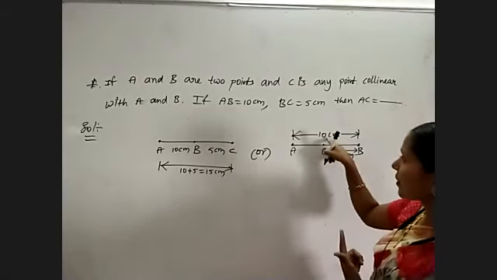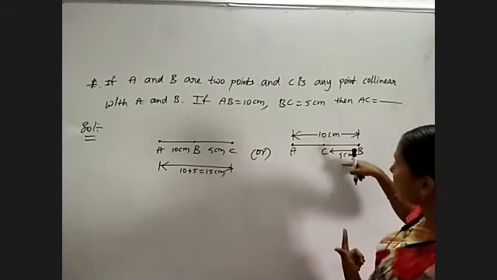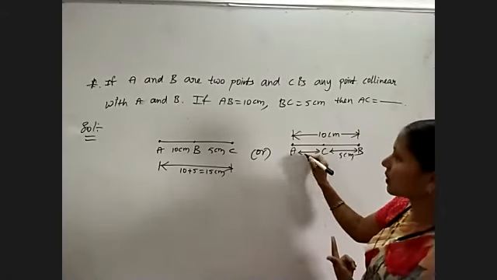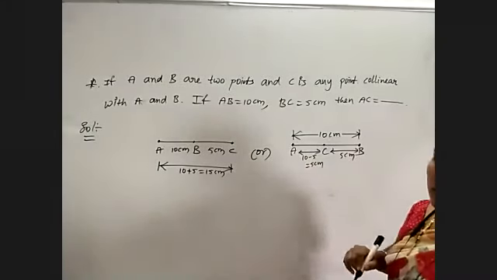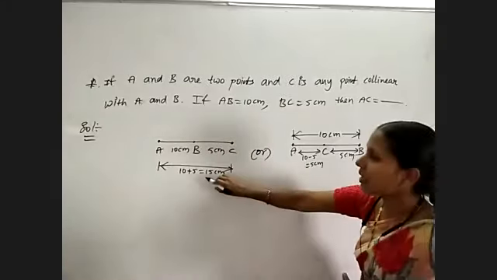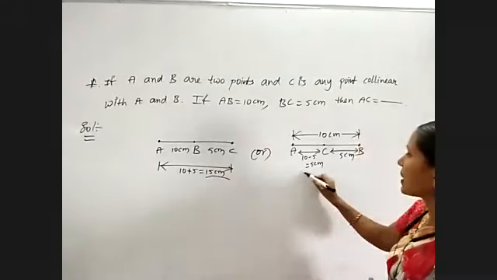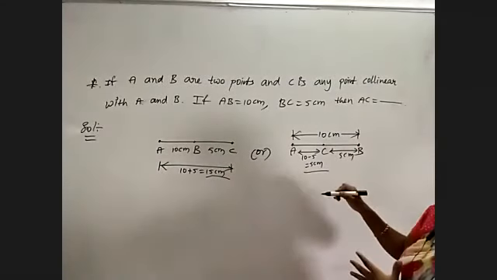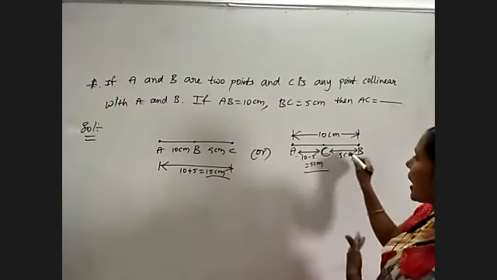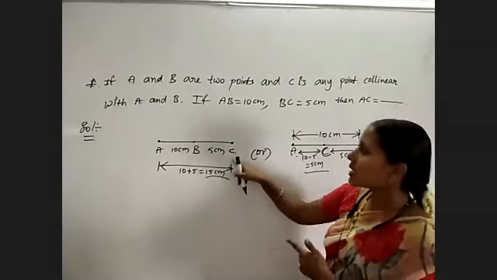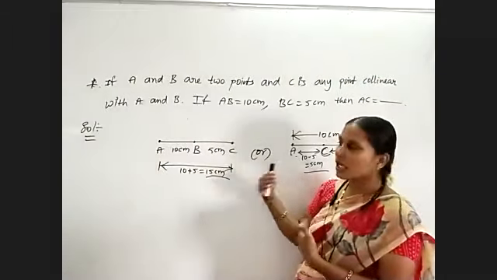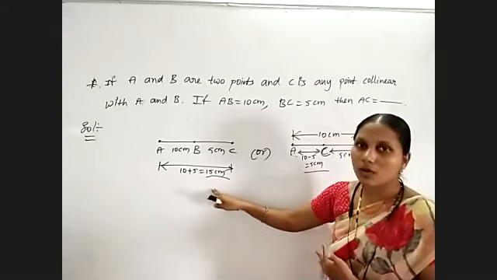That is nothing but 10 minus 5, which is equal to 5 centimeters. So AC value may be equal to 15 centimeters, otherwise 5 centimeters. If they mention C is in between A and B, then AC length is 5 centimeters. And if C is out of AB, then its length will be equal to 15 centimeters.